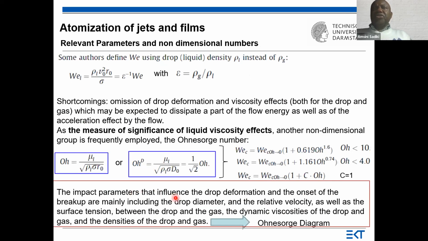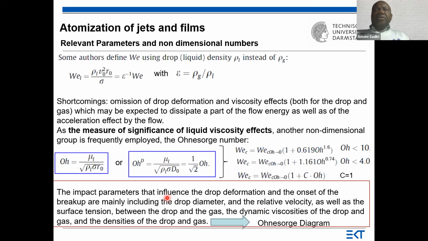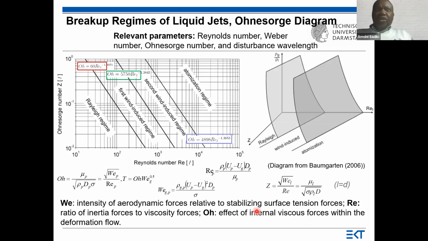And now we have introduced also the surface tension. We have also the surface tension here. And also now we introduce the dynamic viscosity of the droplets and the gas, and we have also the density of both. And this leads us to the diagram which was generated by Ohnesorge.